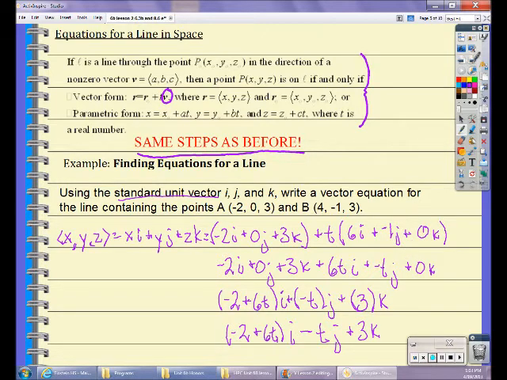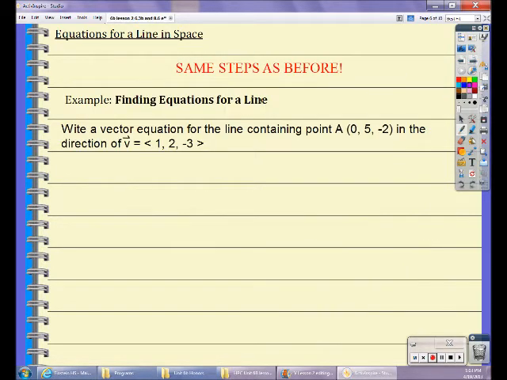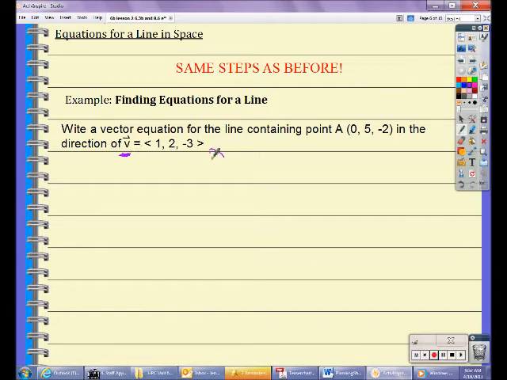For the next one, I'm going to be doing it in regular vector form. Things get a whole lot easier, though, because we are given the direction vector instead of given point B. This means you don't have to do any head minus tail.